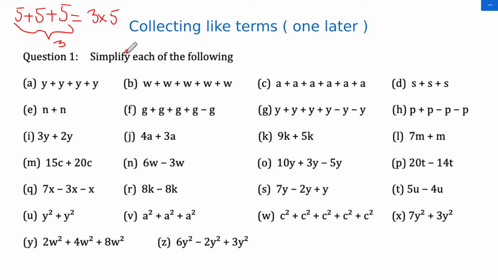Yeah? So the same thing you have to do here. You can say y plus y plus y plus y is 4y's. So 4y's is 4 times y. But we don't need to put the multiplication in between them because 4y means the same thing.